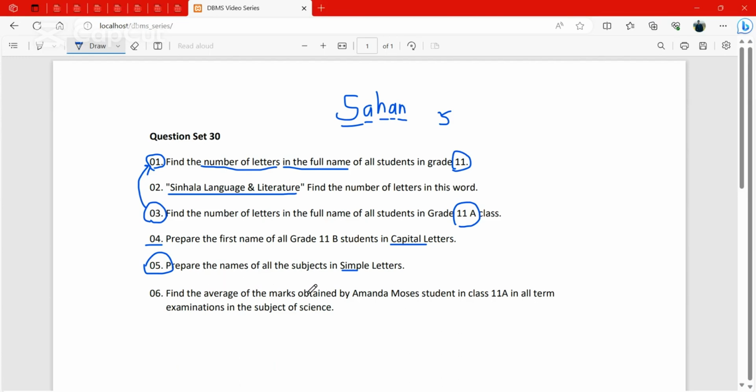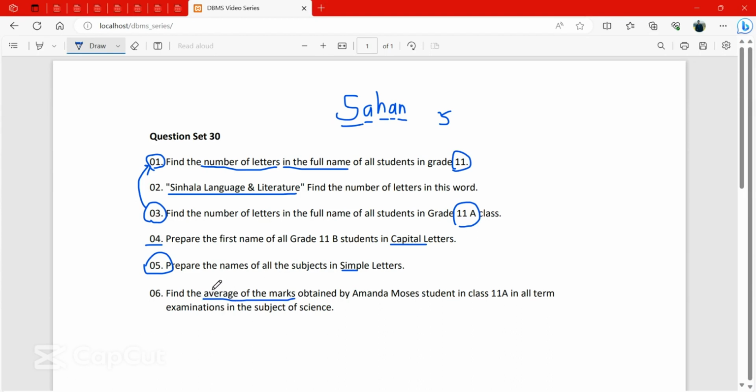Find the average of the marks obtained by Amanda Moses, student in class 11A in all term examinations in the subject of science. In this question, they have told us to find out the average of the marks.